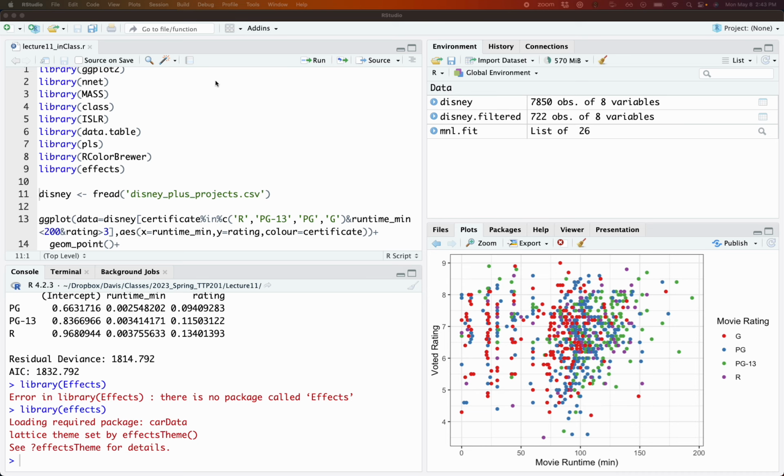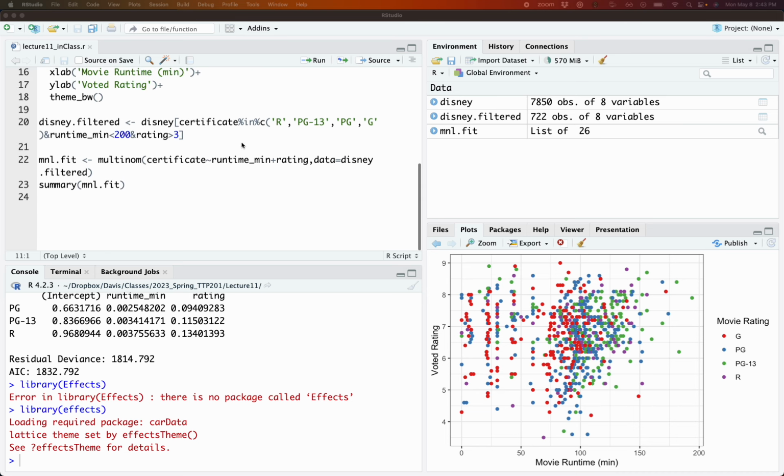So this is a handy package that will let us do some interesting plotting. Essentially, using this function from the package effects, I can look at individual explanatory variables and plug them into the model.